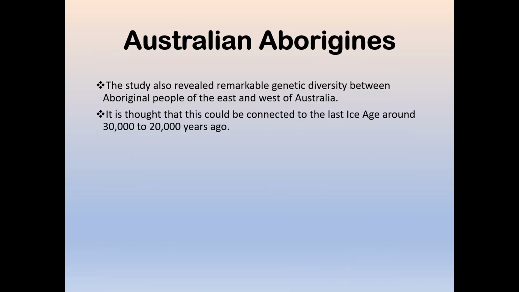But if you're from Africa and you look at, say, North American Indians, there's quite a diversity because it took a long time to get from Africa to America. And that's how they do that.